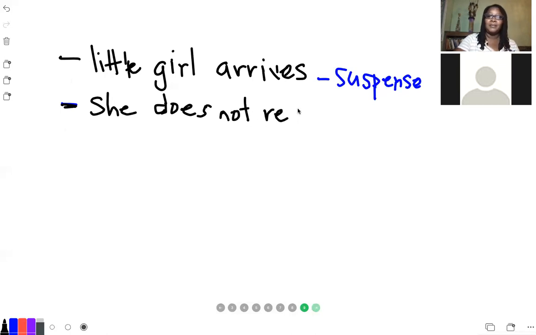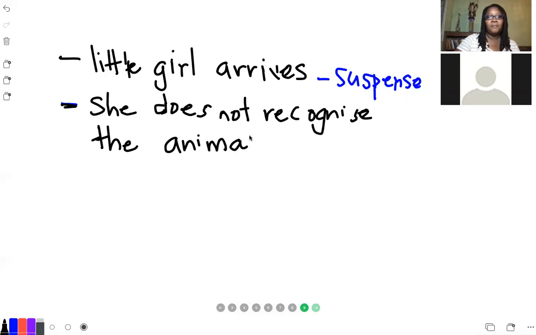And I'm going to talk a little bit about how the story can go from this direction. She does not recognize the animal. Now, suppose the animal's objective was to get what's in her basket, right?